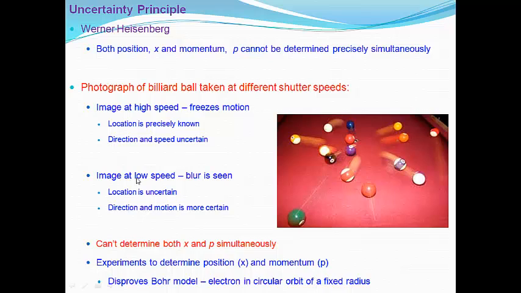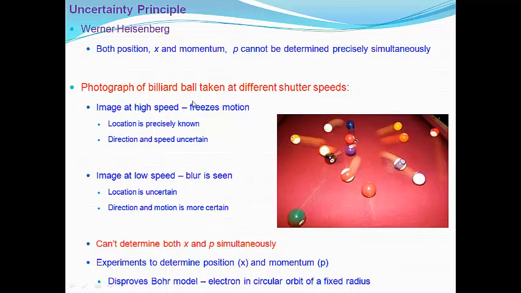But rather, the location of the ball is uncertain. The fact that we are seeing a trail tells us that we don't know with any great degree of accuracy that the ball is exactly here. There is a large degree of error associated with the actual position of the ball.